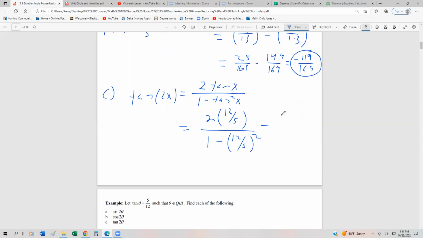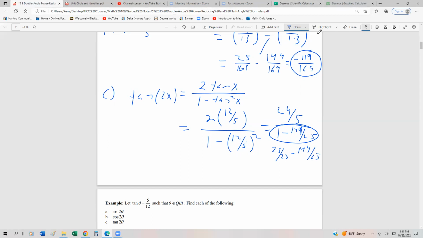Okay, 2 times 12/5, that's going to end up being 24/5. In the denominator, we have 1 minus 144 over 25. Right? And then we can rewrite this as 25 over 25 minus 144 over 25, which is precisely what we just did right here.